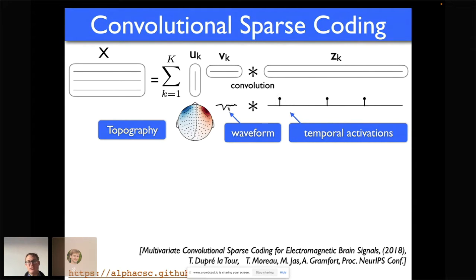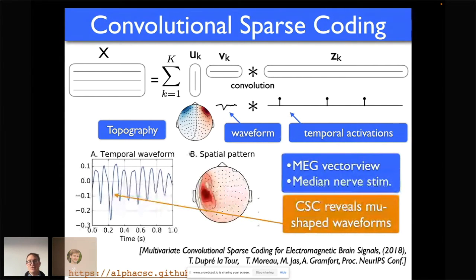Your model assumes that your latent sources are just temporal patterns that happen only at a few time instants. And when you apply this to MEG, illustrated here, you find these patterns that are actually mu waves that I also illustrated at the beginning.